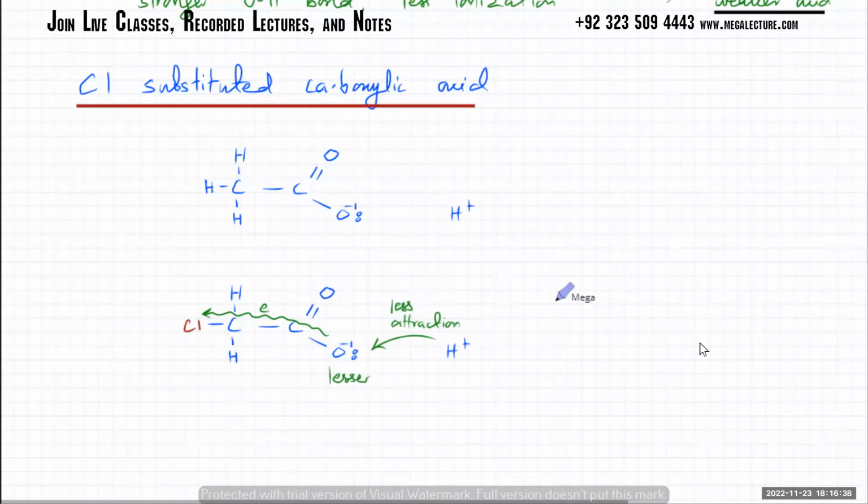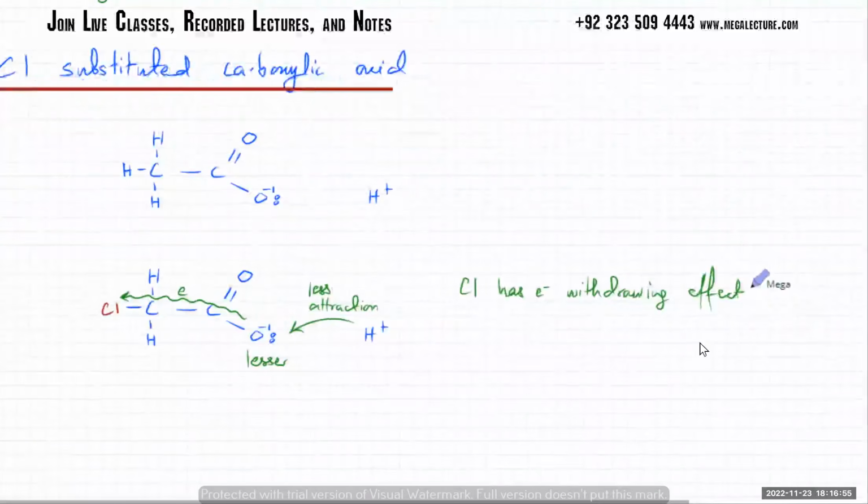So here we just write the same thing: Cl has electron withdrawing effect. I have to write this again and again, but I'll tell you all the scenarios. Electron withdrawing effect, and which is why, let me write it short. Electron withdrawing effect.